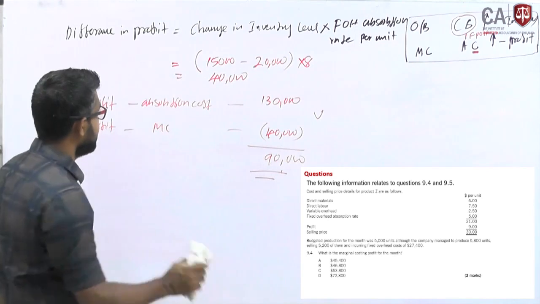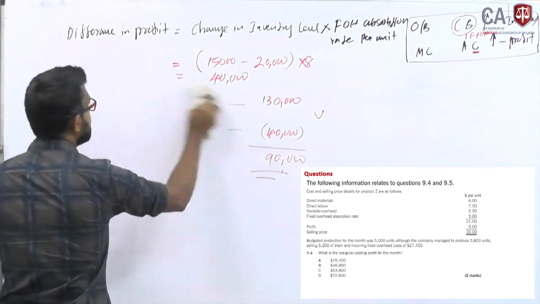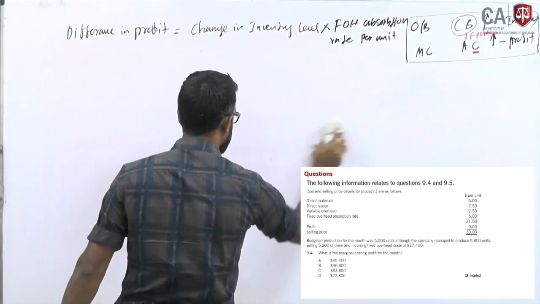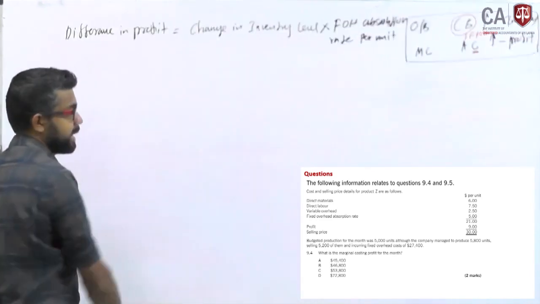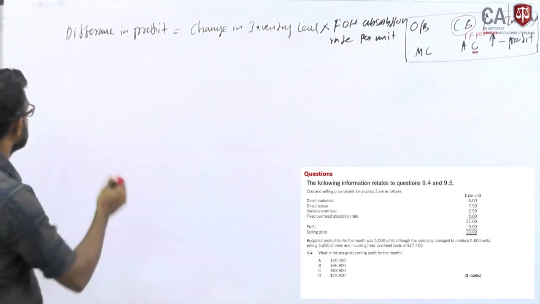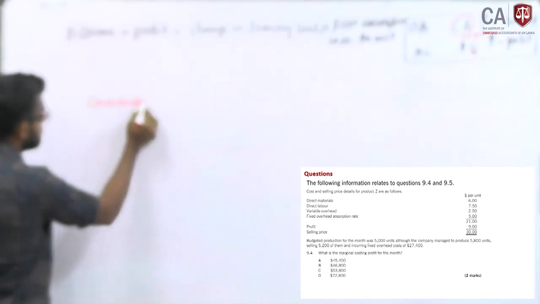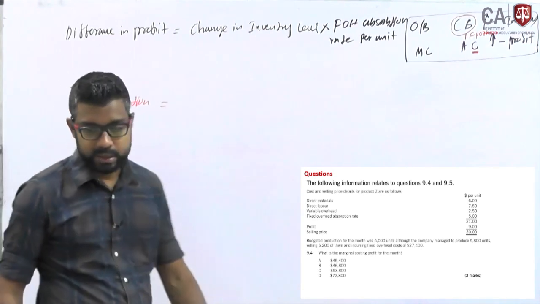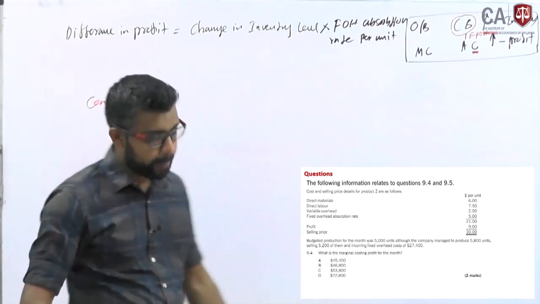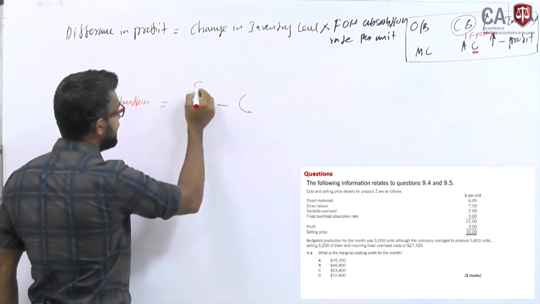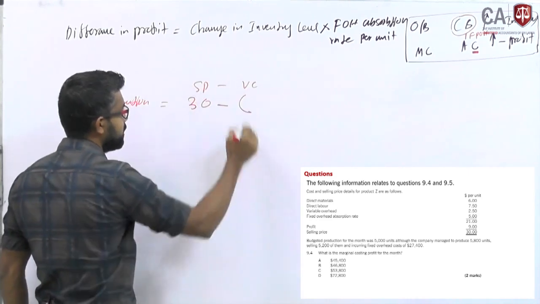When you calculate marginal costing profit, you need to first calculate contribution. What is the contribution? Selling price 30, right? Selling price minus variable cost.